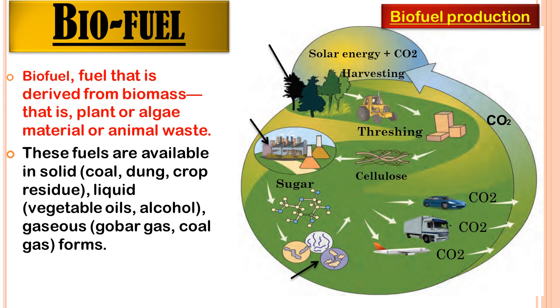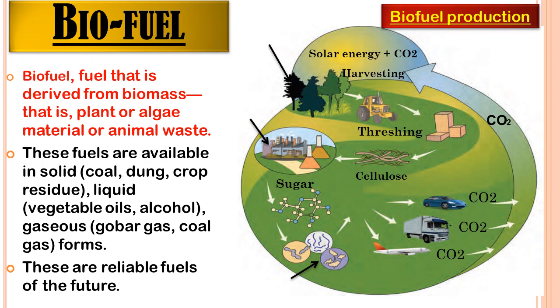So these are the different forms of biofuel, and these fuels are easily available in plenty of quantity, and these are reliable fuels of the future. Alongside you can observe the biofuel production, in which you can see solar energy plus carbon dioxide. These are the biomass, that is a combination of plant or living matter. Here is the conversion of cellulose to glucose.